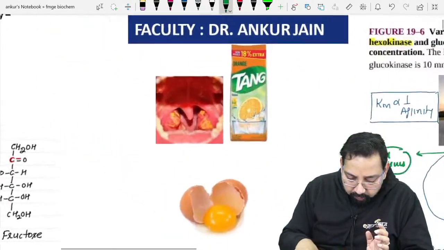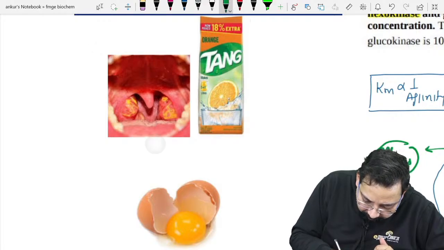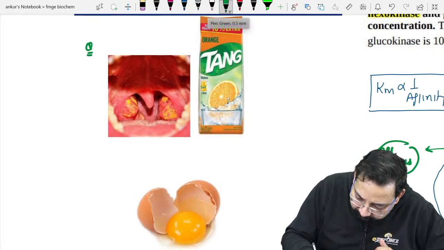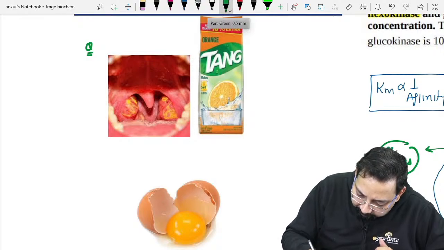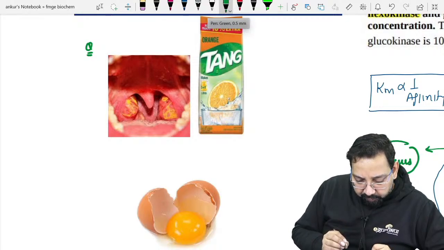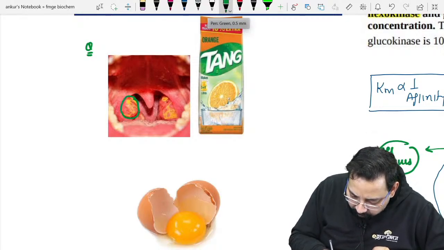Now this question was asked, they gave a picture, and in this picture they mentioned that this is an orange color tonsil.